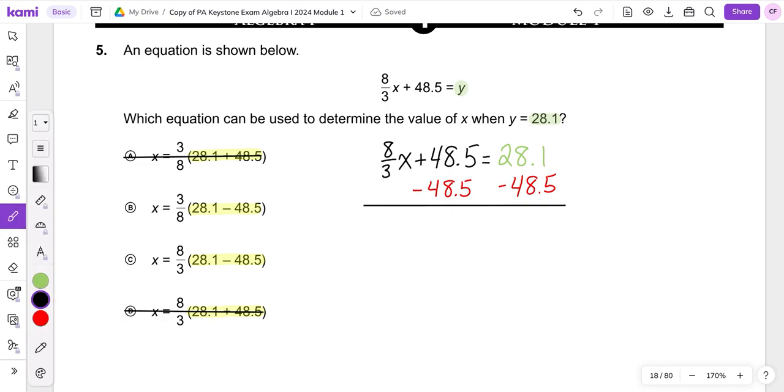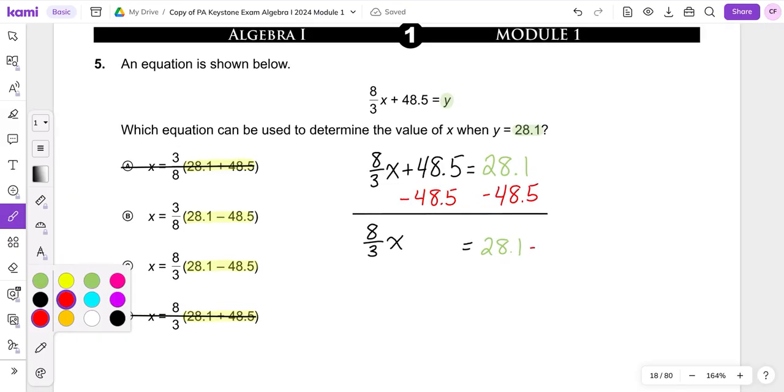Now I have, again, 8/3x equals that 28.1, which is the value we had to substitute earlier, and then the minus the 48.5.